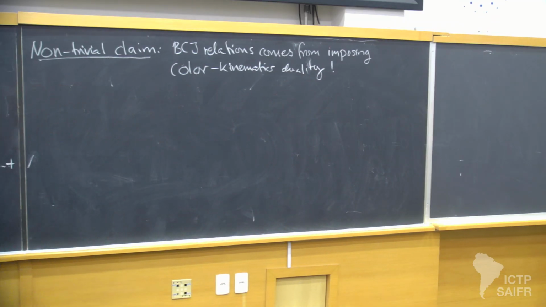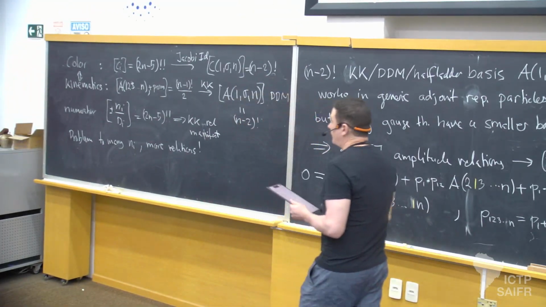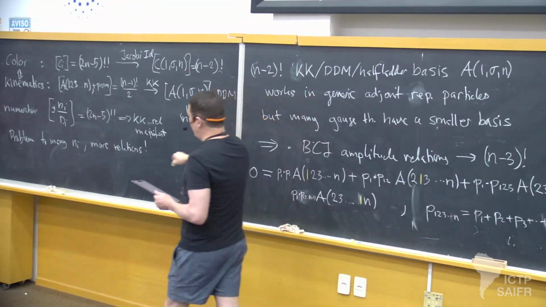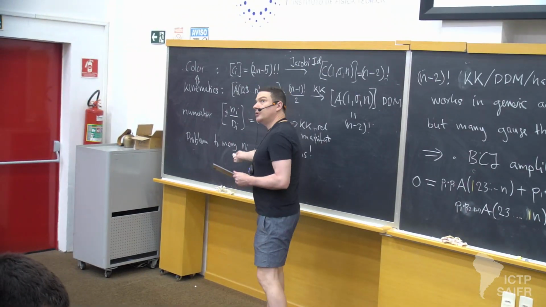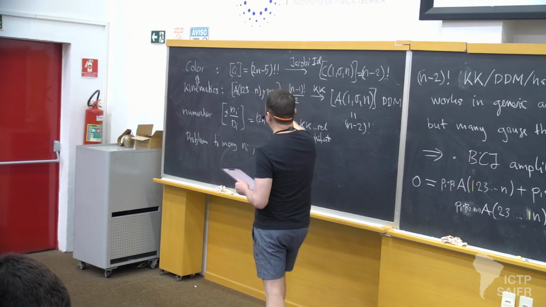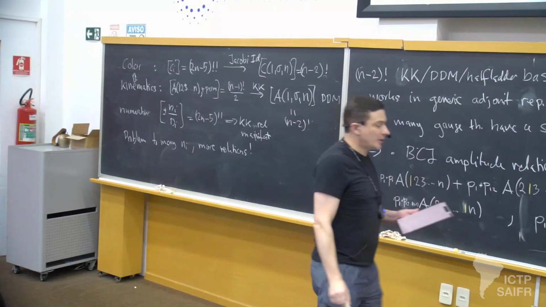We already sort of started imposing Color-Kinematics Duality here by aligning color factors and kinematic factors, and then we obtained these numerators. We have too many numerators, so we need to reduce them in the same way as we reduced the number of color factors, basically using the Jacobi identity.